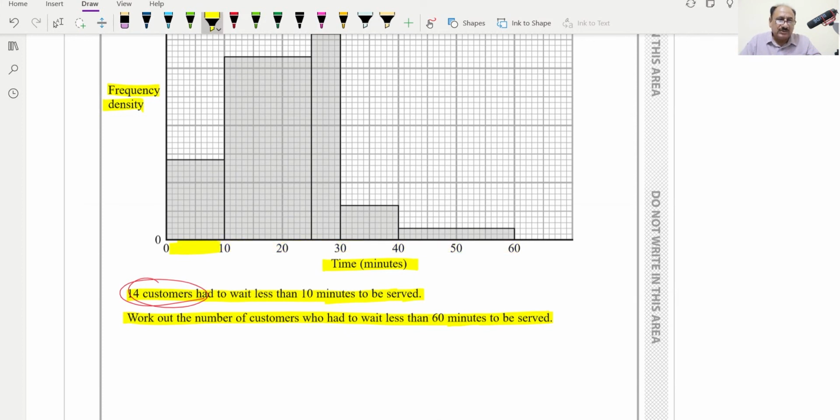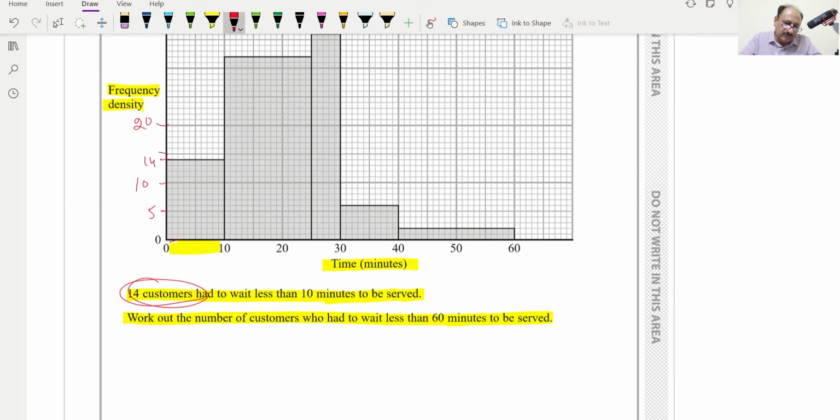So up to 10 is provided, which is 14 customers. What we can do is check for this one. So 14 will be this one. We can take the scale as 5, this one as 10. So this will be 14 and this one is 20.